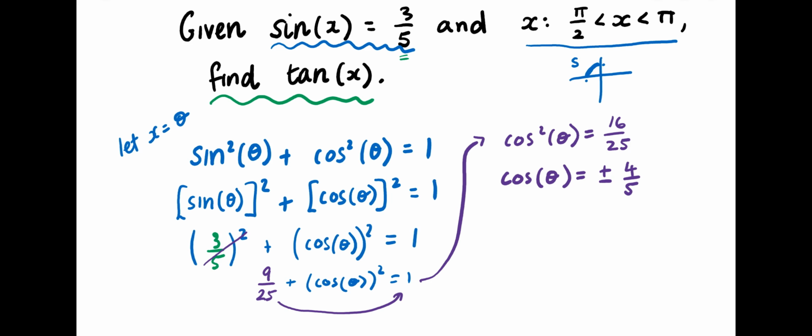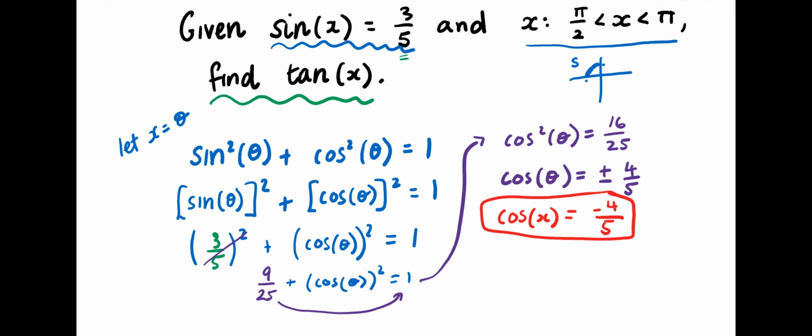Now, the reason why I mentioned x is because we know that x is between pi on 2 and pi. So cos of theta, would it be positive 4/5 or negative 4/5? It's going to be negative because it's in the second quadrant where cos is negative. So I'm going to say cos of x is negative 4/5.